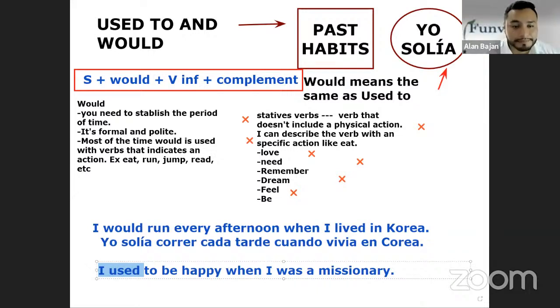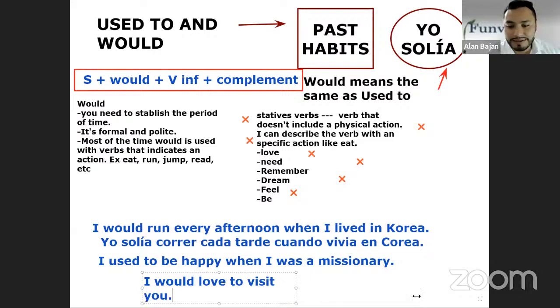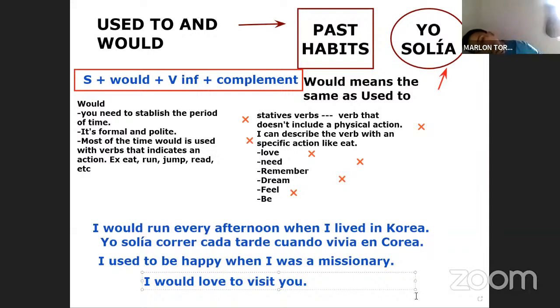Exactly. So for the another times, so would is me gustaría, correría, yeah. Exactly. For example, if you say, I would love to visit you. Amaría visitarte. You will know that this is not past tense, right? Because when you use would, you need to specify the time so that people can know that you're talking about past tense.